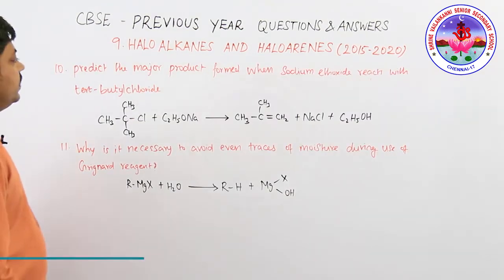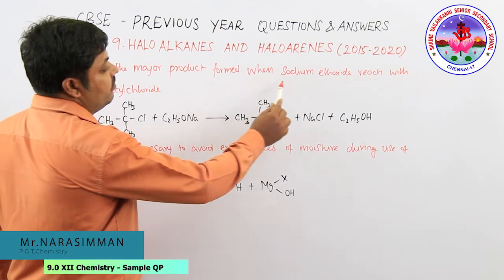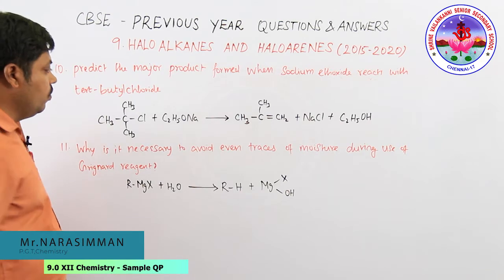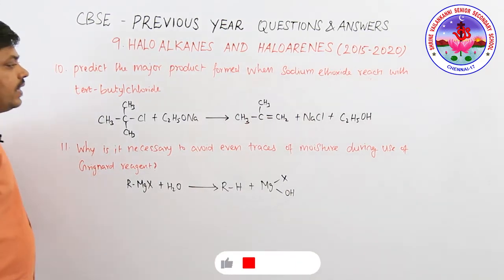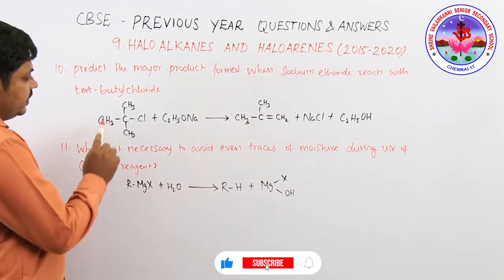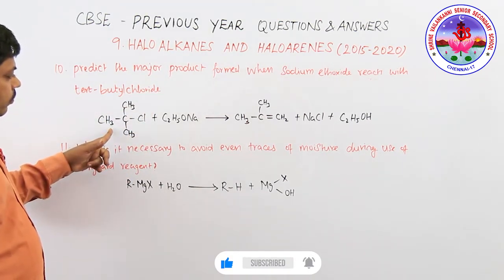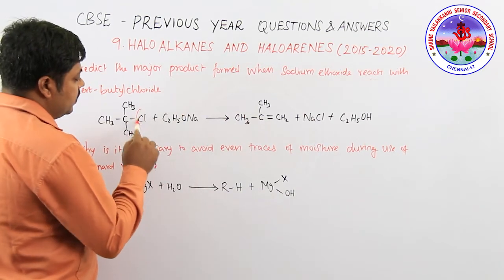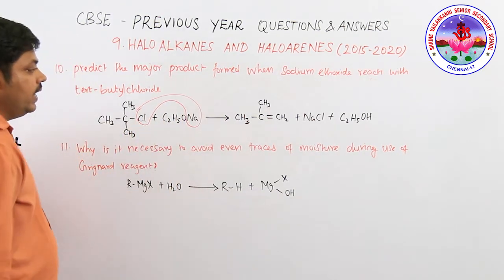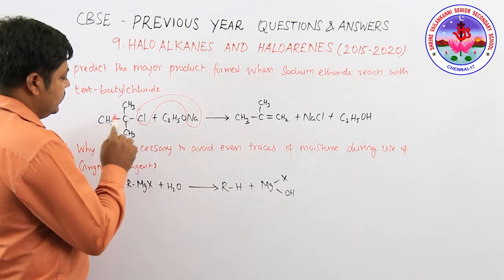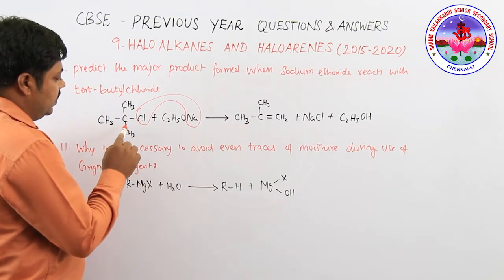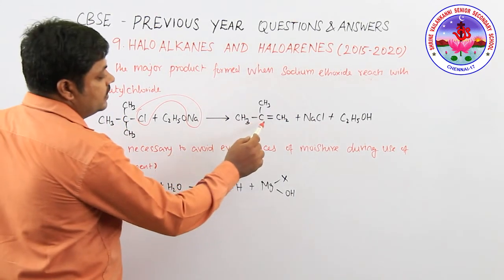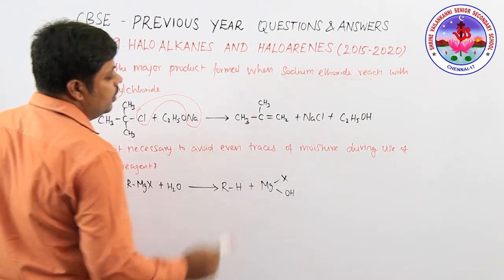So next question: predict the major product formed when sodium ethoxide reacts with tertiary butyl chloride. Here the alkene is formed. The reaction gives the evidence. Here the tertiary butyl chloride reacts with the sodium ethoxide. What happens? This gives sodium chloride, and the remaining is (CH3)3C, which converts to alkene.